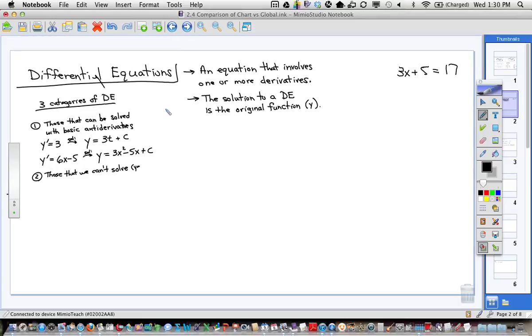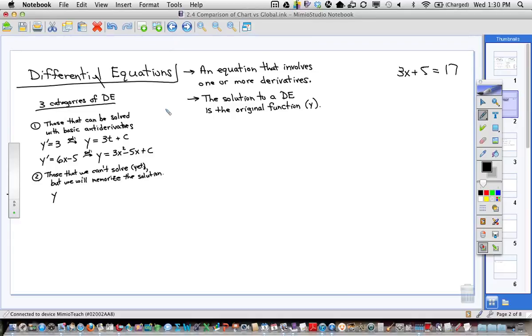But we will memorize the solution. Now, there are going to be two of those, and we're just going to talk about one today. Okay? So, one we can't solve, and we will just memorize the solution.